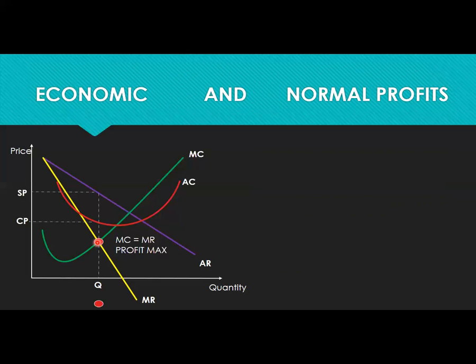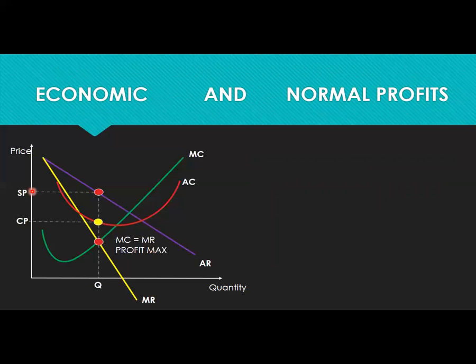I have to move up to my average revenue curve. So I am going to sell at my selling price over here. My average cost curve lies below my average revenue curve at this point. And this point is what it costs me to produce this quantity. And the difference between the cost price and the selling price is my profit. And this area represented over here is my total economic profit.